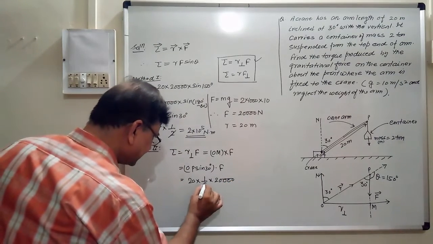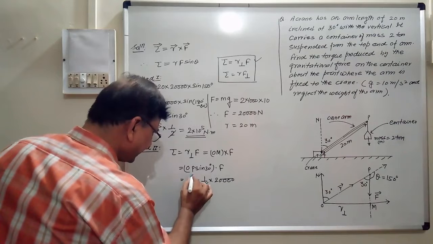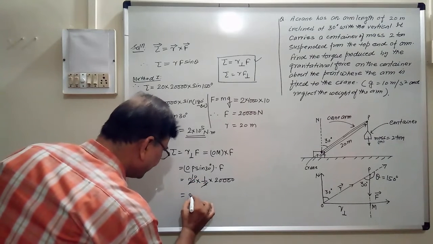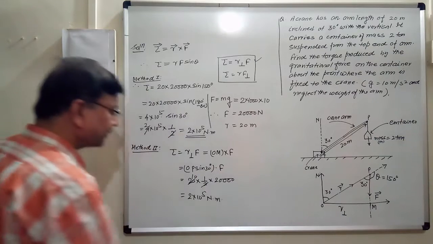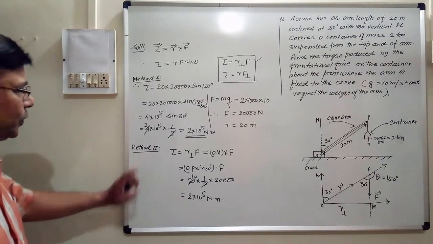So 10 times it will go, and we will get 2 into 10 to the power 5 Newton meter. This is method 2.